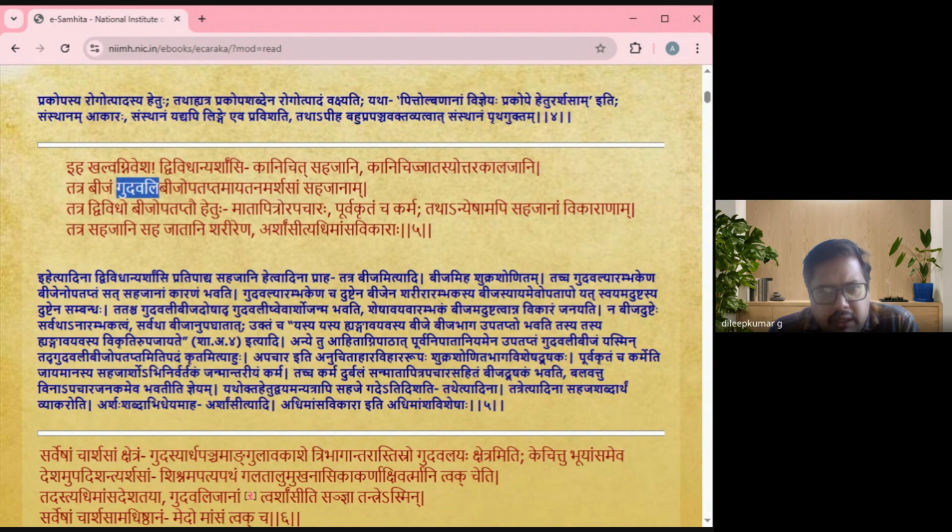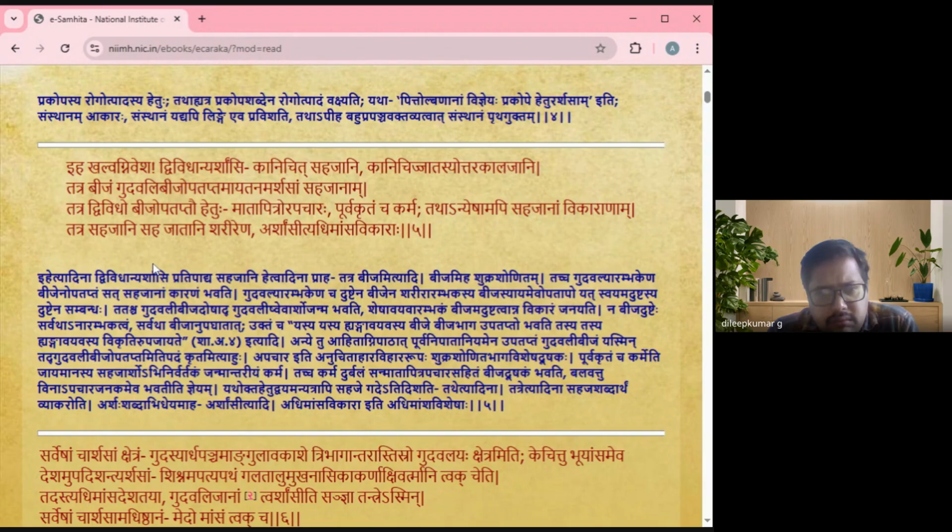The part of the genetic content which is abnormal will, in future, develop the Gudavali. If that Gudavali is abnormally developed because of the Bija dosha, then it results in Arshas. So Jataja Arshas or Sahaja Arshas.